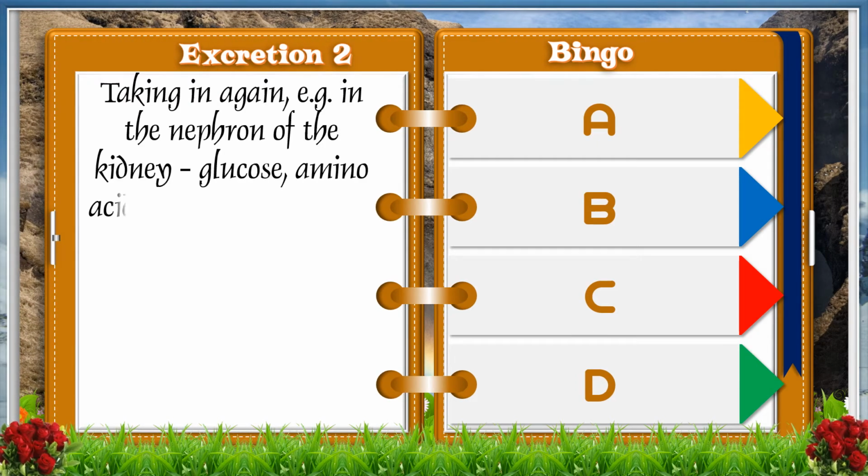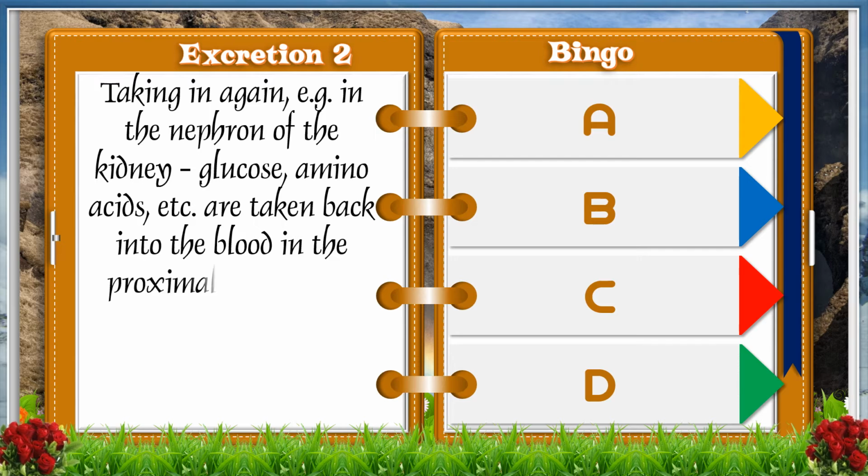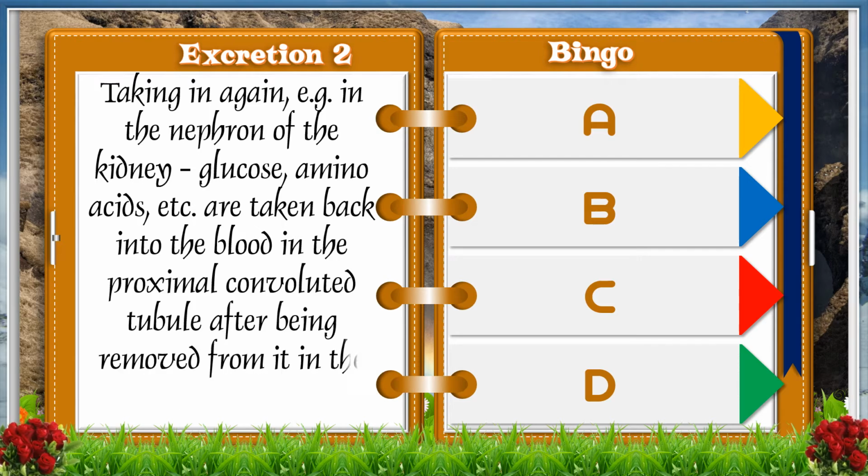Taking in again, for example, in the nephron of the kidney, glucose, amino acids, etc. are taken back into the blood in the proximal convoluted tubule after being removed from it in the glomerulus.